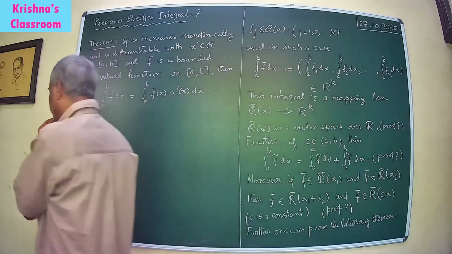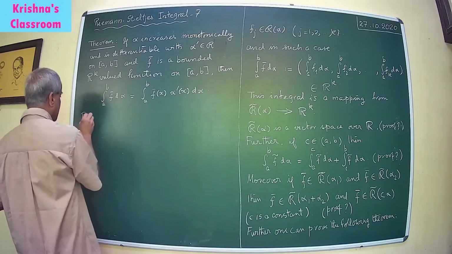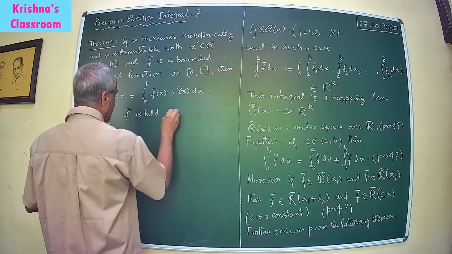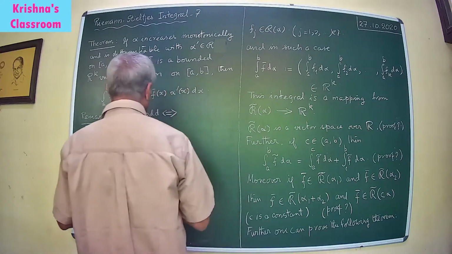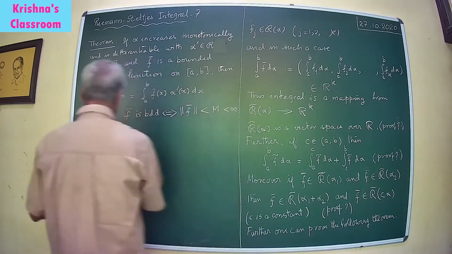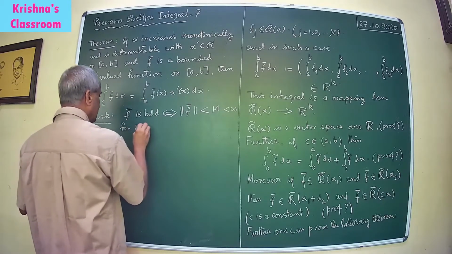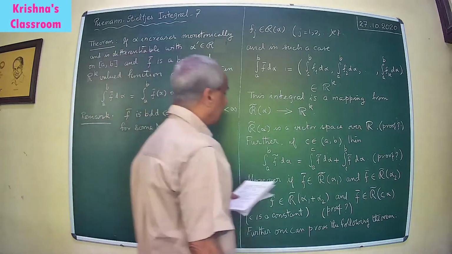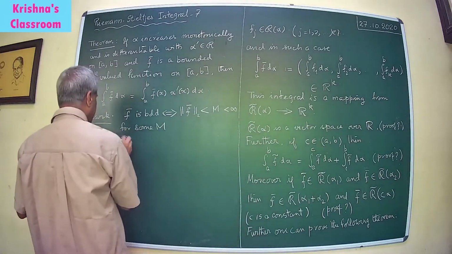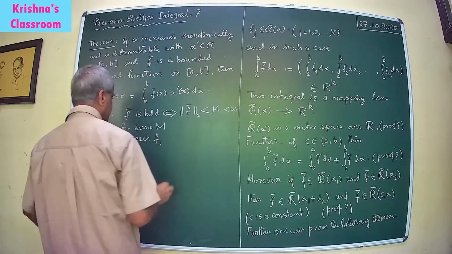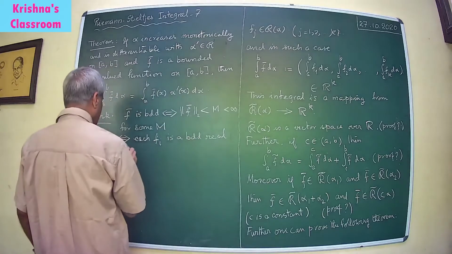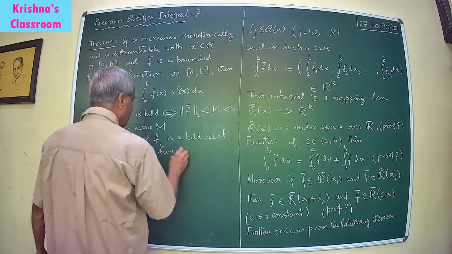F is said to be bounded if there exists some M here, and this is of course if and only if each f_i is a bounded function.